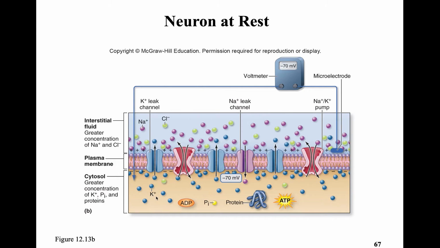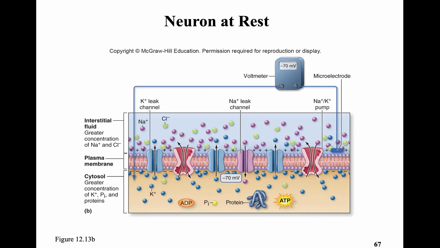Now yes, despite the fact that potassium is a positive charge, and yes, the inside has a lot of potassium, regardless, because of so much protein the inside tends to be negative, despite the fact that there's so much potassium on the inside.